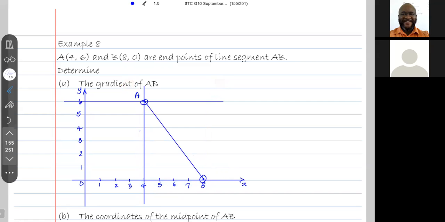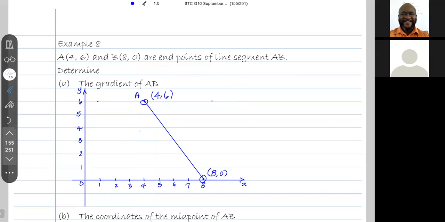All right, so let me just erase these other lines. All right, so we have the two points: A is the point (4, 6), and B is the point (8, 0).